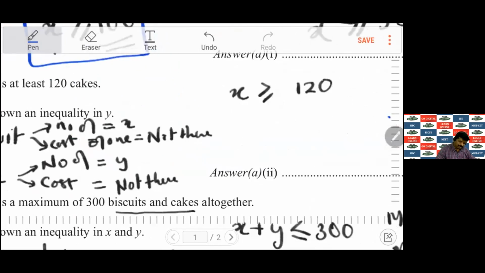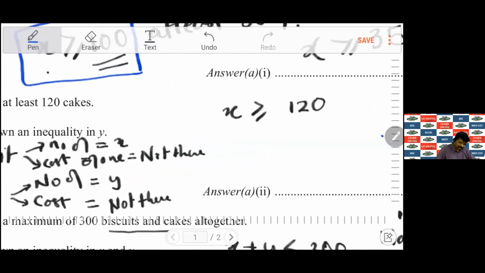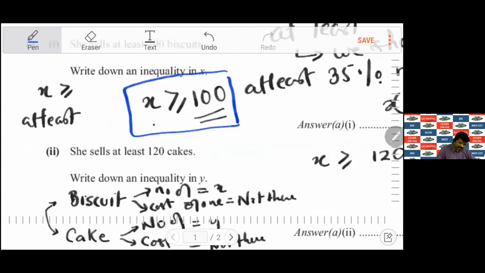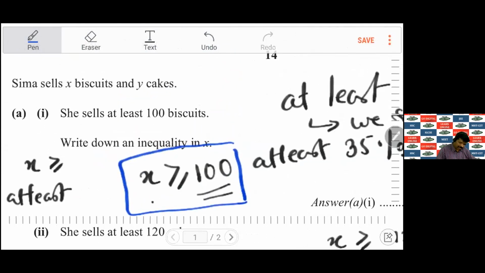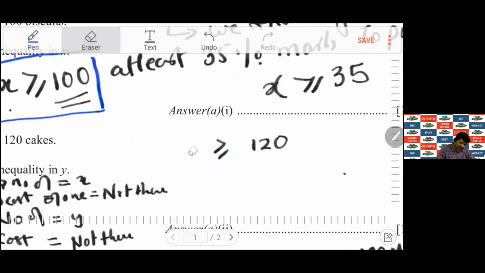Then second, you can see, at least 120 cakes. So what are cakes, X or Y? Y, sir. Here we have written X, so we'll write this Y. So this is our second answer.